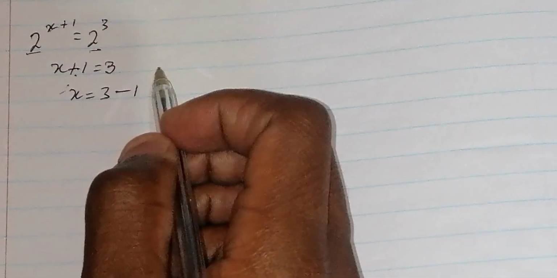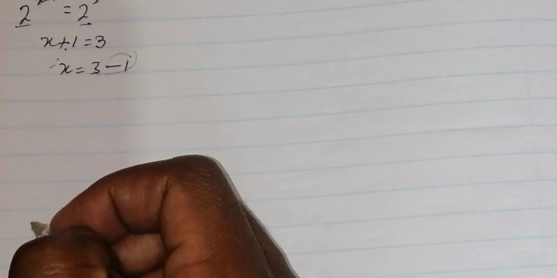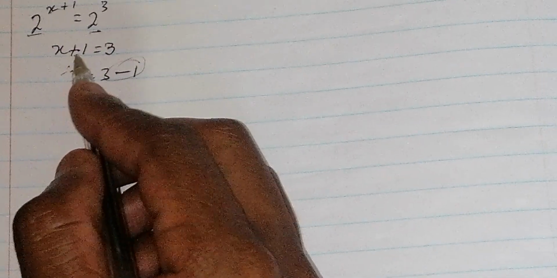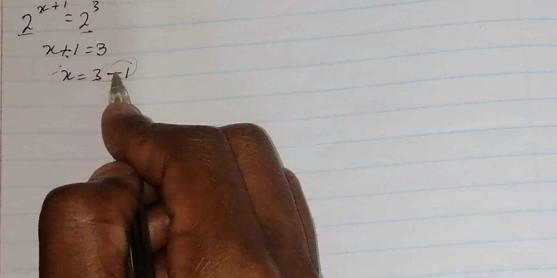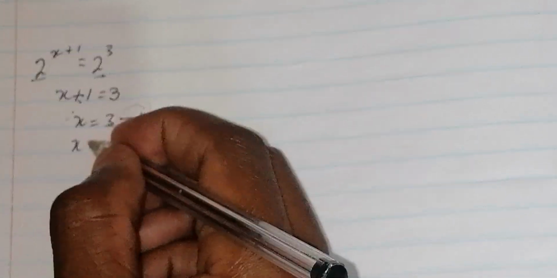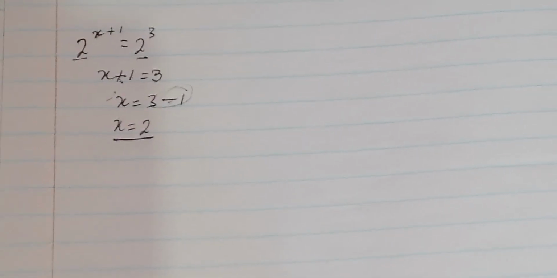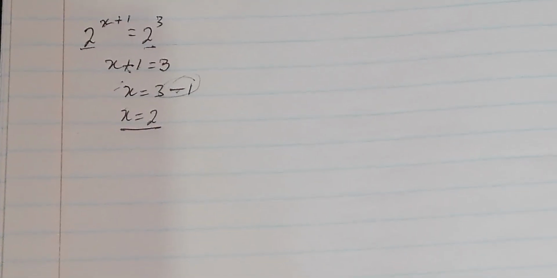Each time a number crosses the equal sign, it should change its sign. If it is positive, then it will be negative. If it was negative, then it will be positive. Your answer is 2. Now you can say 2 plus 1 is going to give you 3. That is what solving for x is.